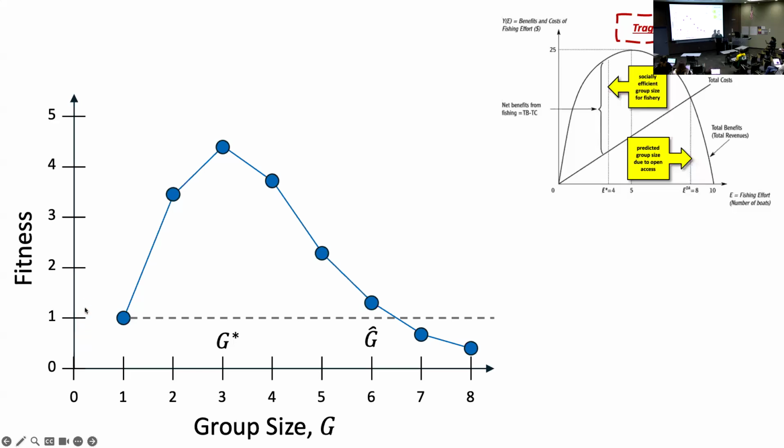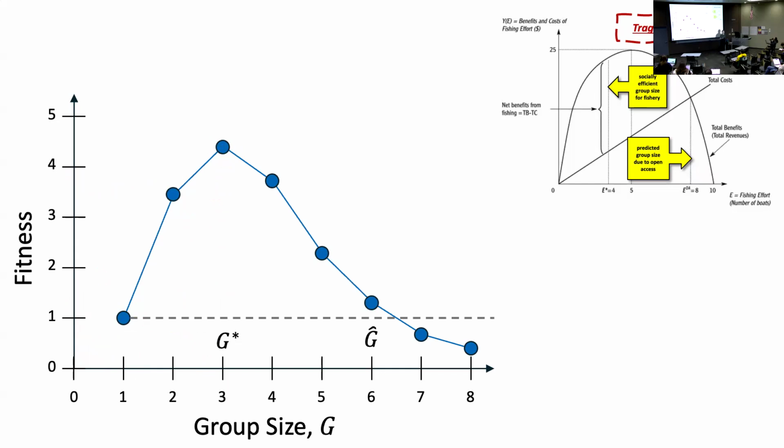They're getting what I'm going to call a normalized fitness of 1. This is how many offspring you can produce if you forage alone. And then you go to 2 individuals in the group, and there are some benefits to having 2 individuals, so the fitness goes up, and then 3 individuals, and that's when you get to this G star, which maximizes the fitness of every individual in the group.